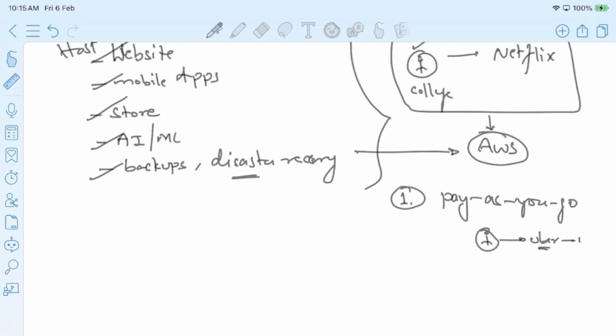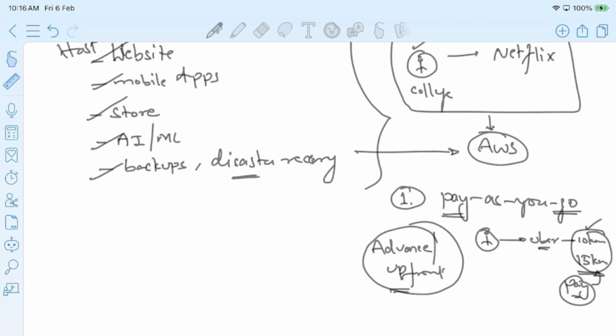If I travel for 10 kilometers or 15 kilometers, after finishing the ride, I pay only for the distance I have traveled. It means I am paying as per my usage. There is no advance cost. You can also call it upfront.